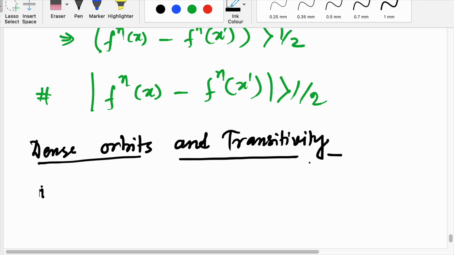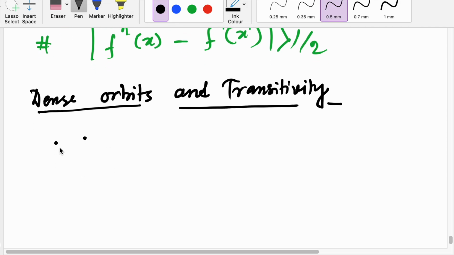Sensitivity means that if I take any neighborhood, any two nearby points, suppose x and y, sensitivity says that the orbits of these two points will become far apart from each other when I iterate n times. So when I iterate, these two points x and y will become far apart, and this is the sensitive dependence.